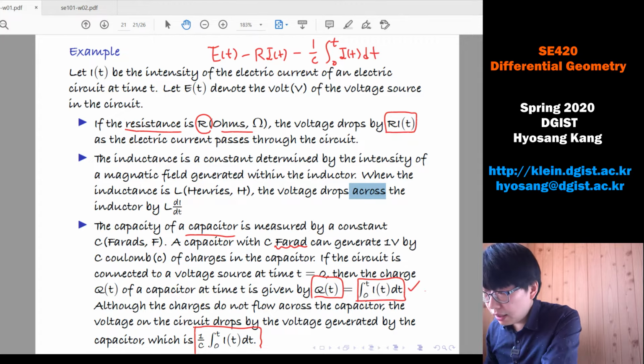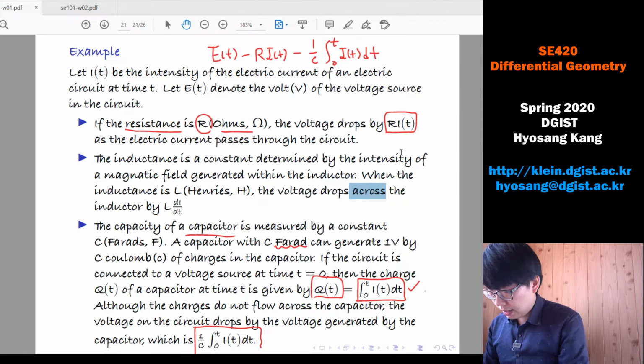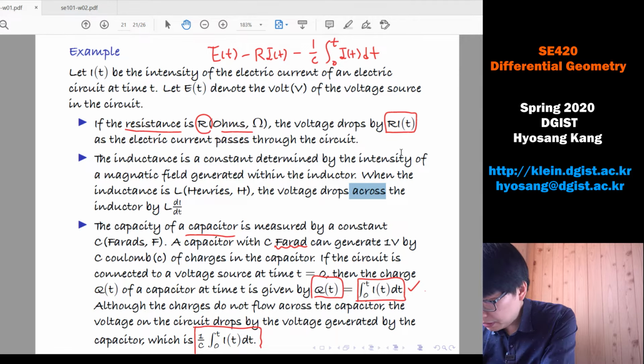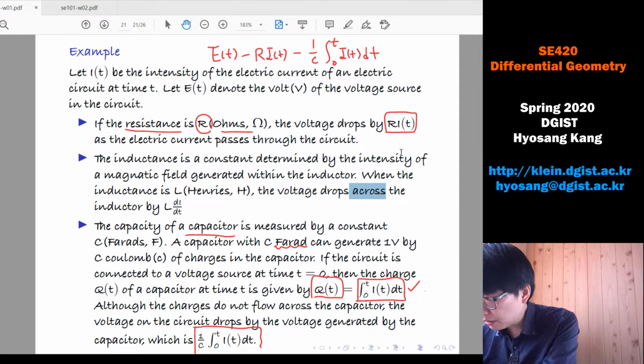And then the last one is the inductance, the coil. Because of this coil, there is a magnetic field generated, so it kind of makes it hard for electrons to cross over the circuit. So you can also think about this as something like the resistance, so that it drops the voltage.